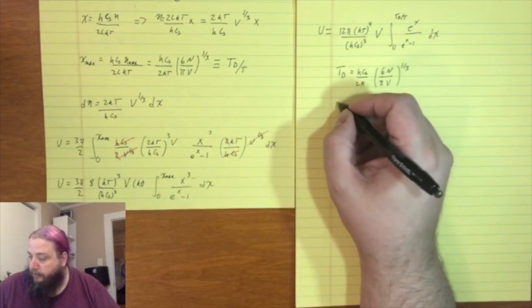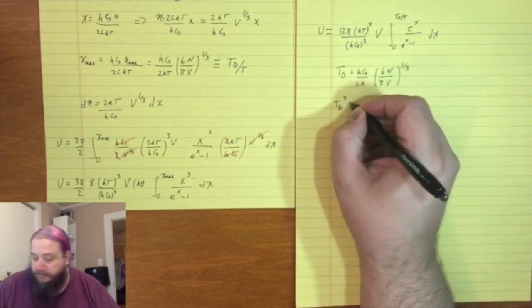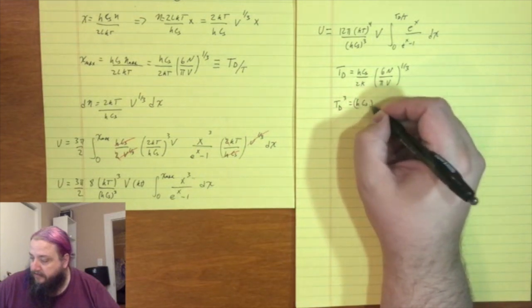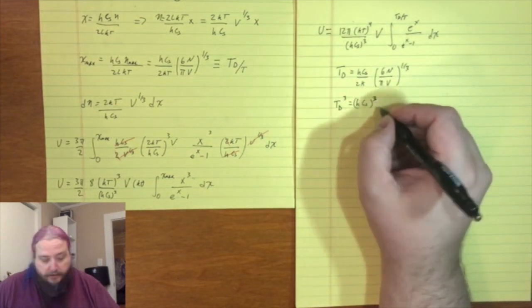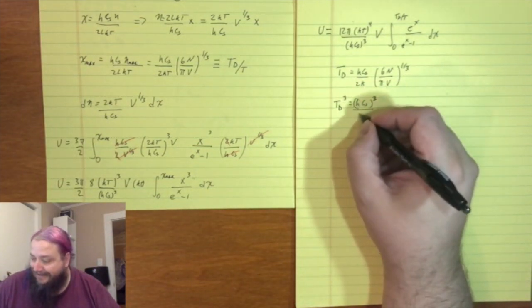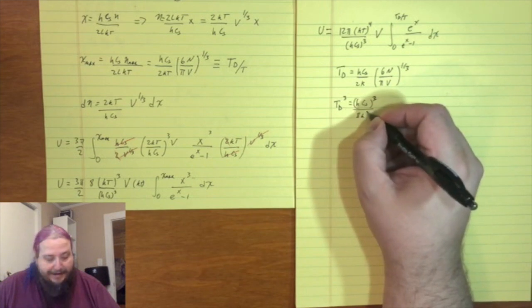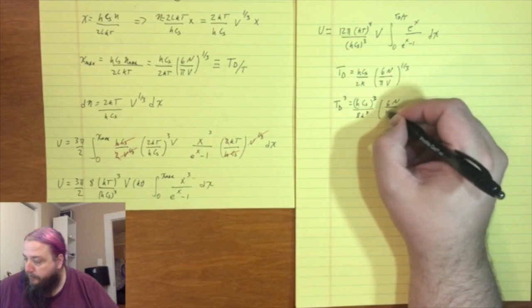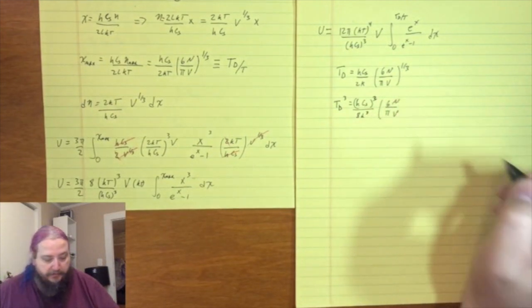And so if we cube both sides, the Debye temperature cubed is h c_s cubed over 8k cubed times 6n over pi times volume.